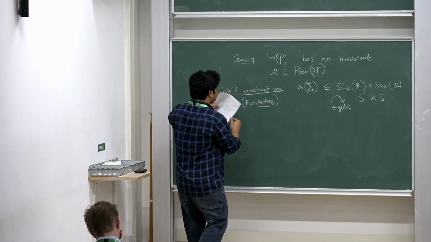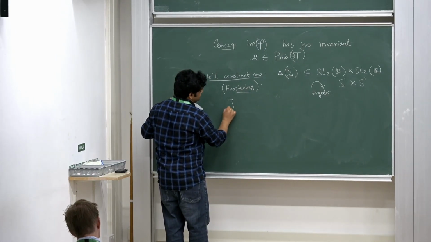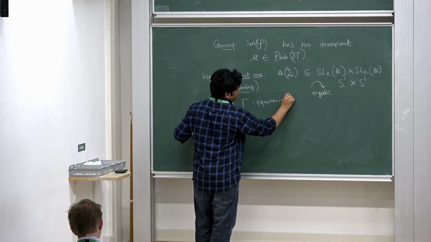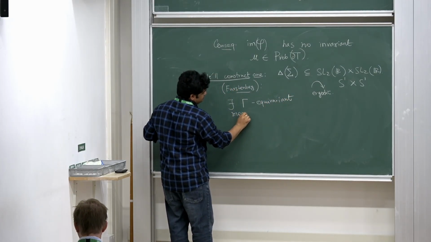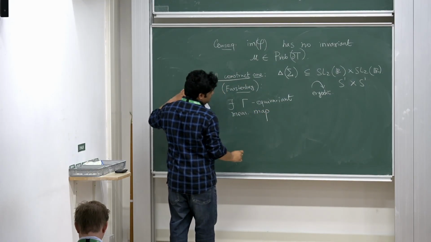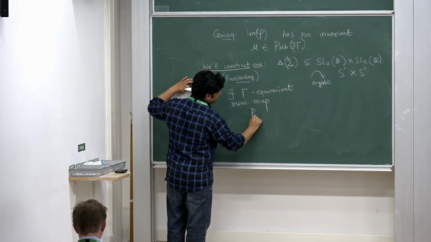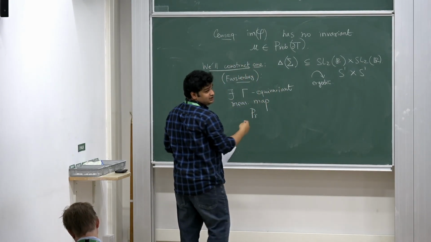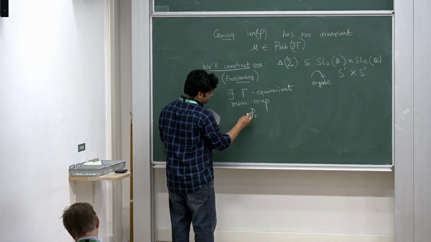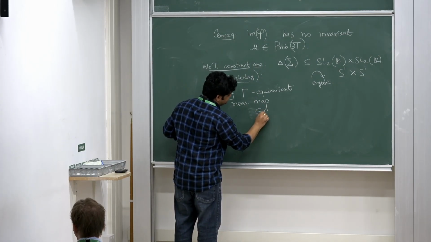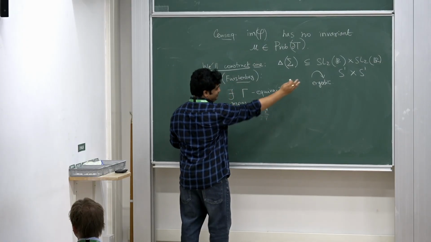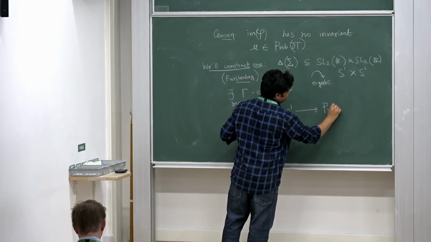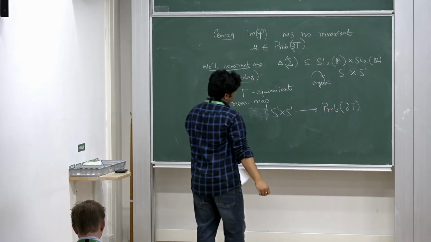Okay. So Furstenberg's claim is that there exists a gamma-equivariant measurable map from S1 times S1 to the space of probability measures on the boundary of the tree, where gamma is acting on the boundary of the tree, which is a compact metrizable space.